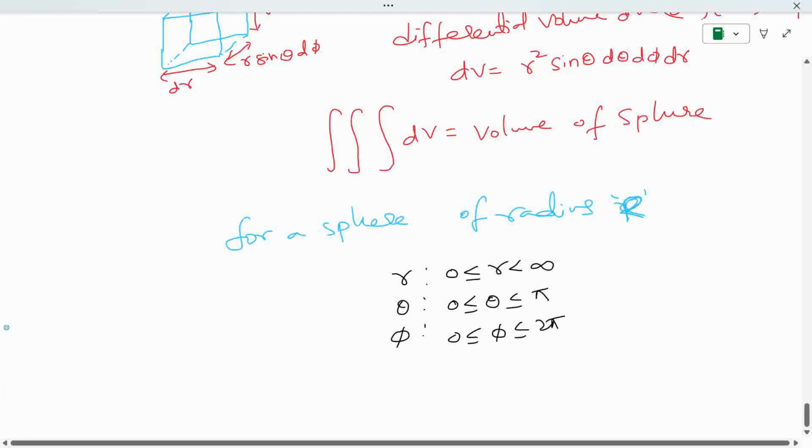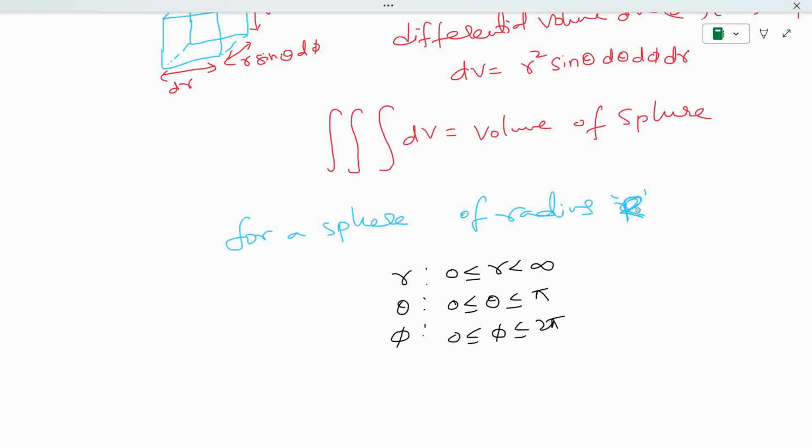So for capital R, we have to go from 0 to capital R, because we have the differential element, and we consider from 0 to the surface where r exists. But theta and phi we have complete, that is 0 to pi, and 0 to 2 pi.